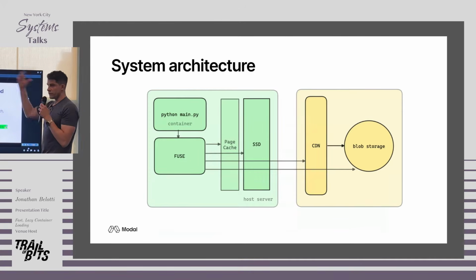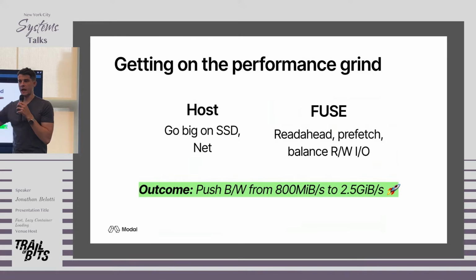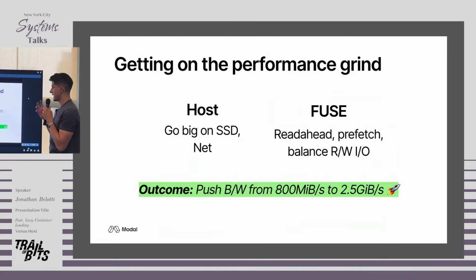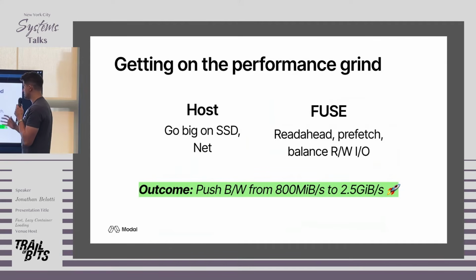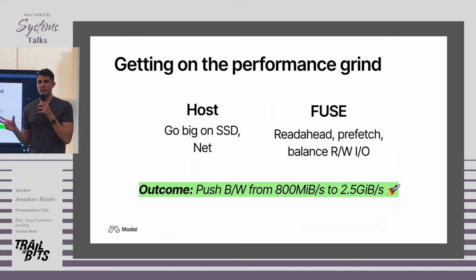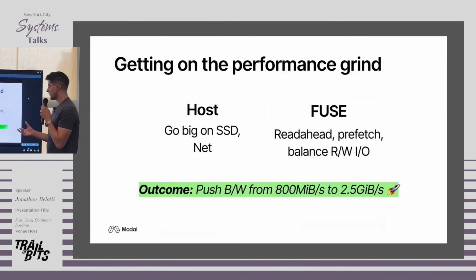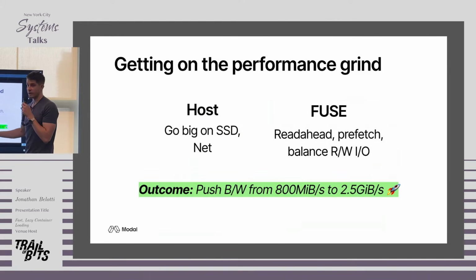Okay, given the overview of what we've built and how it works, let's talk about how we actually improved performance, how we got on the grind, because we used to be in a place where taking that single 512 megabyte file, that BERT model file, we would load it at a peak throughput of around 800 megabytes a second.